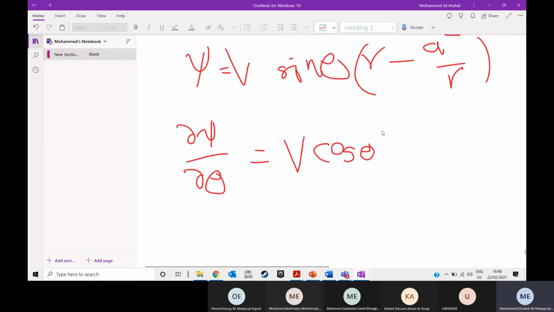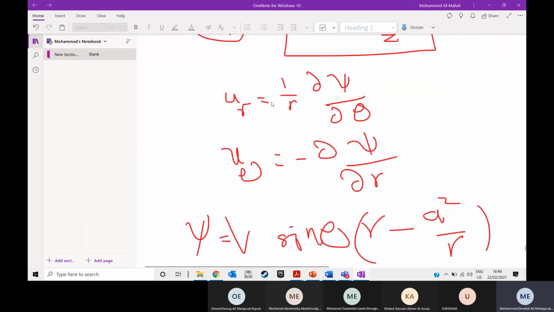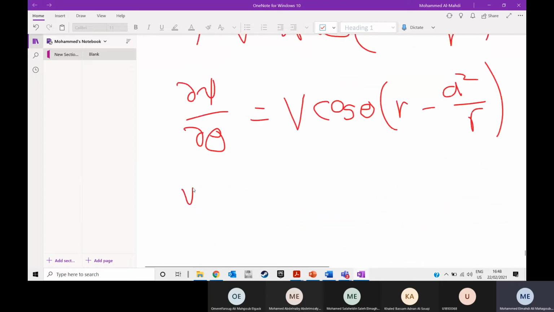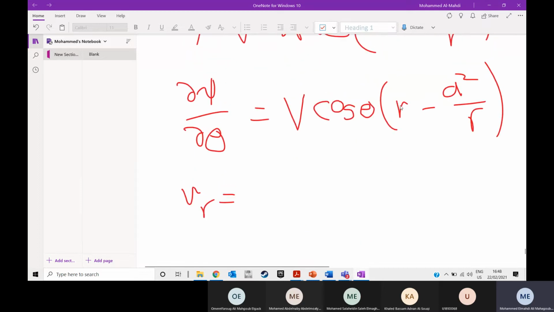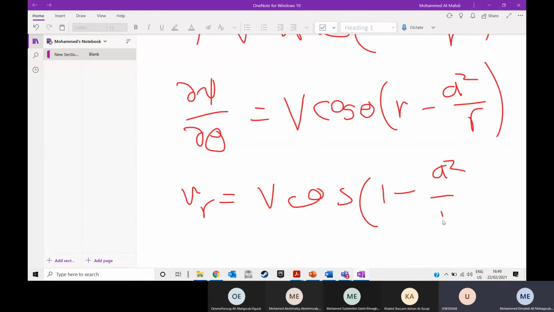And all of these others are constants, they stay the same. Now multiply by 1 over R. So U_r is equal to multiplying by 1 over R, and we can cancel them from here directly. The R squared appears when you multiply.